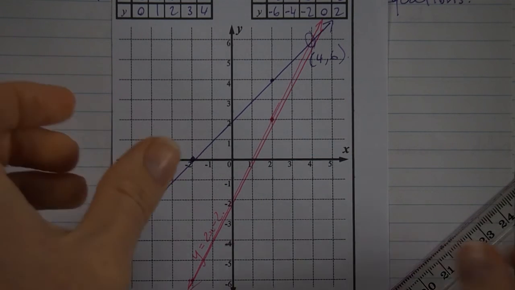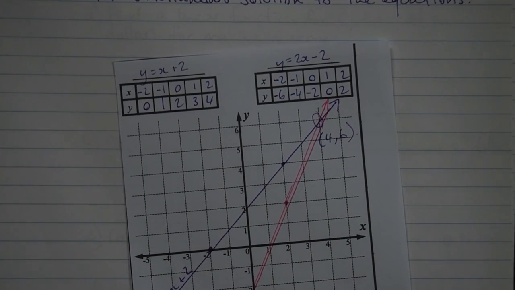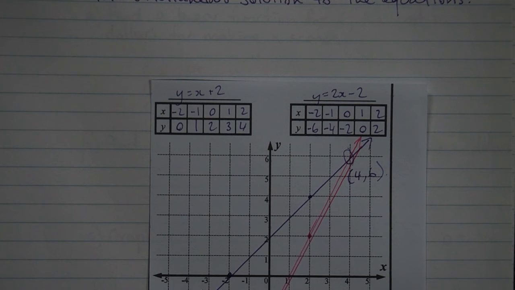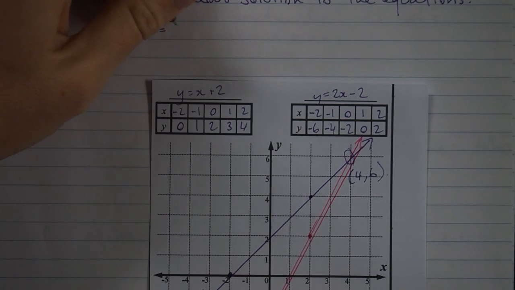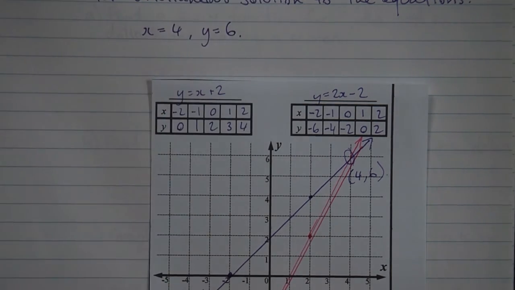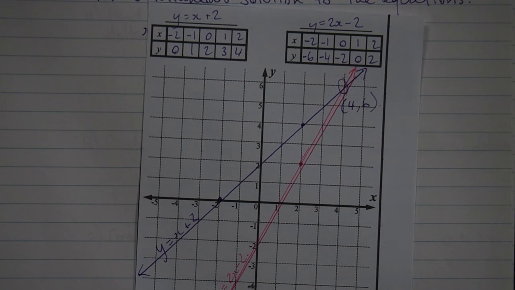Going back to our question, find the simultaneous solution to the equations. It's really important that you state that the simultaneous solution is the point x equals 4, y equals 6. And you've got your evidence right here on the graph.